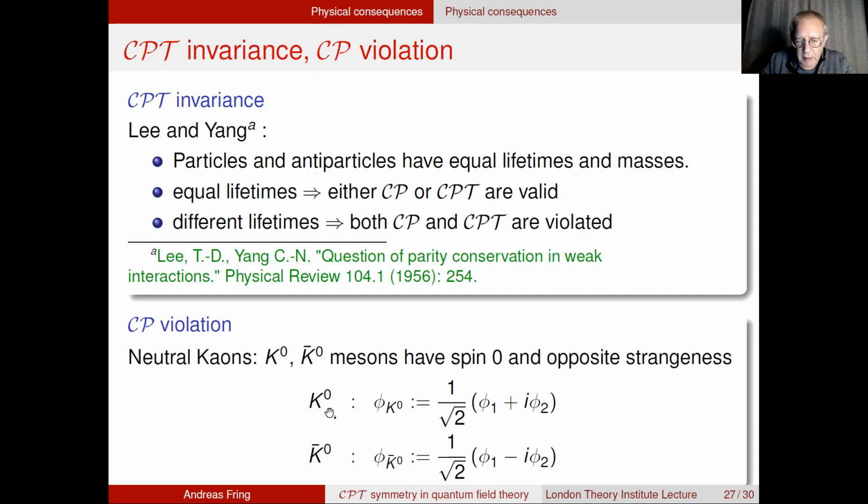They're assumed to be complex scalar fields. Phi 1 and phi 2 are the components, and they are conjugate to each other. So this is what one assumes to be the general structure of these fields, K0 and K0 bar.